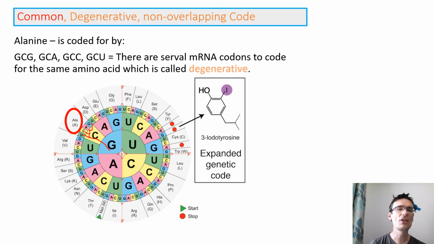Those 4 different codons all code for alanine. So it doesn't matter which of those we get, it will always code for the same amino acid. And this term is called degenerate. In fact, it has more than one messenger RNA codon that codes for the amino acid.